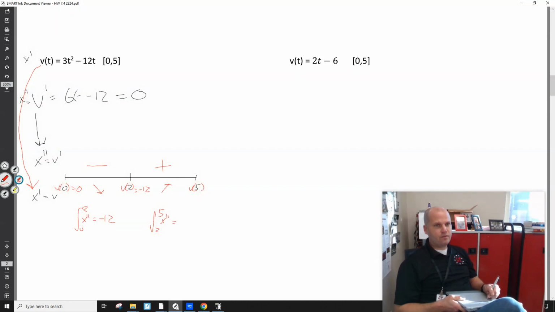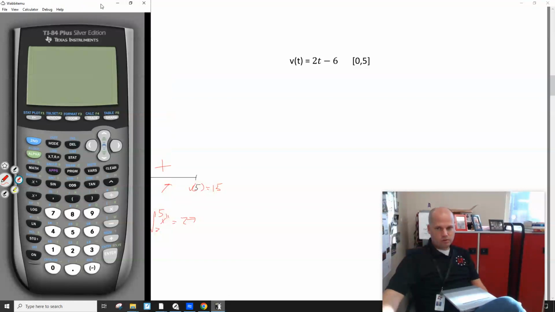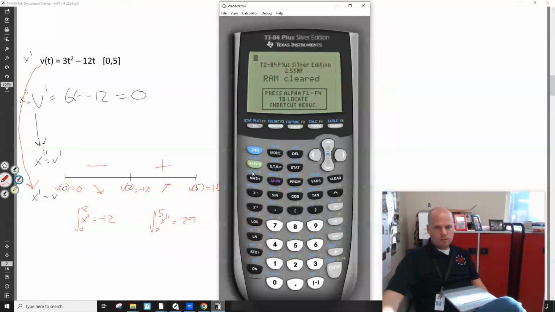Need to plug in 5. 25 times 3 is 75 minus 60, which is 15. Okay, so I increased 15 to 27. We're going to get our calculator out soon, so might as well warm it up. Double checking.